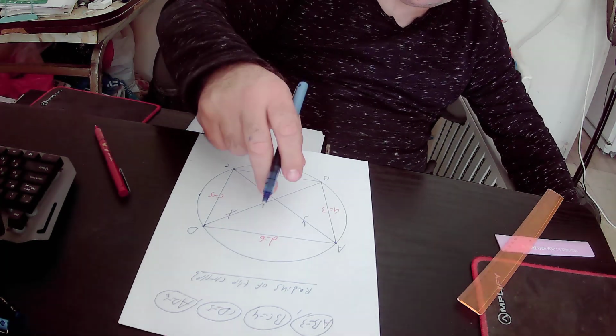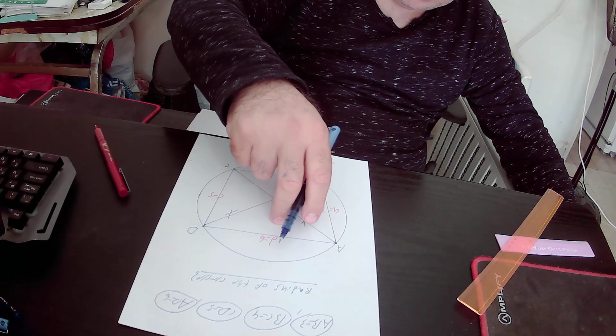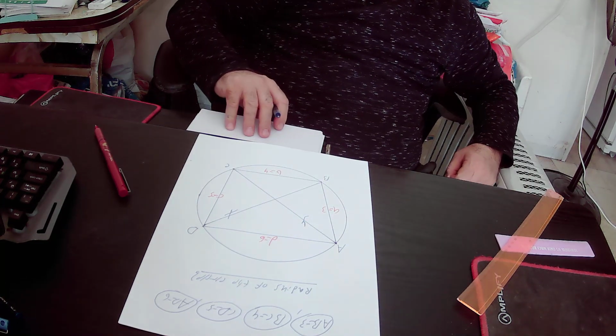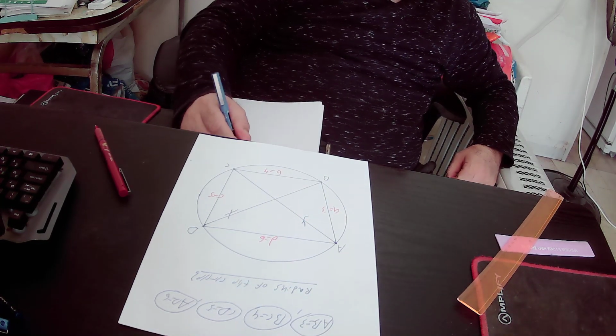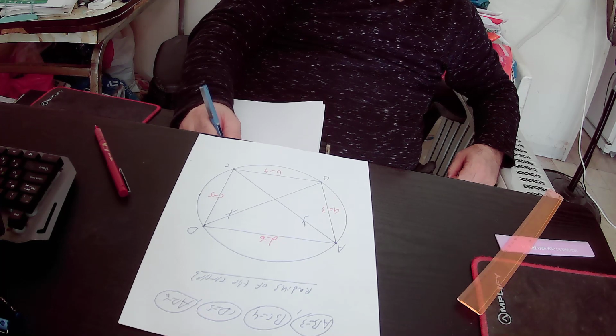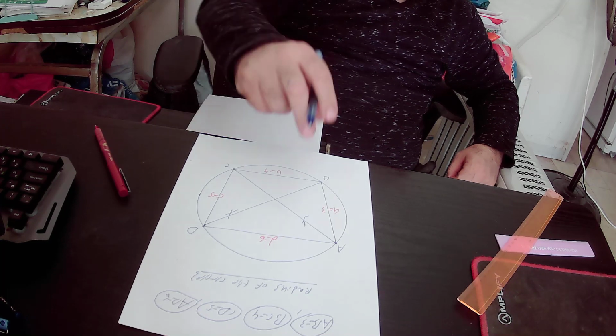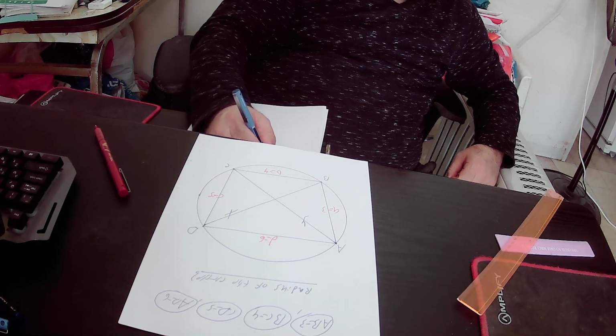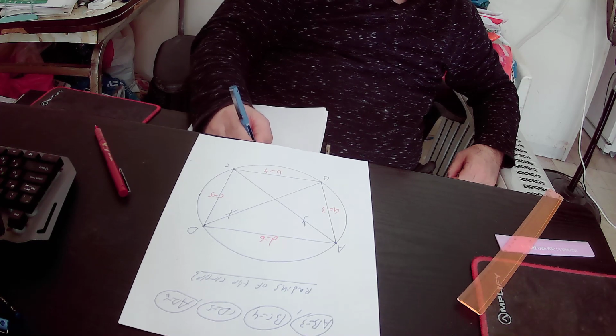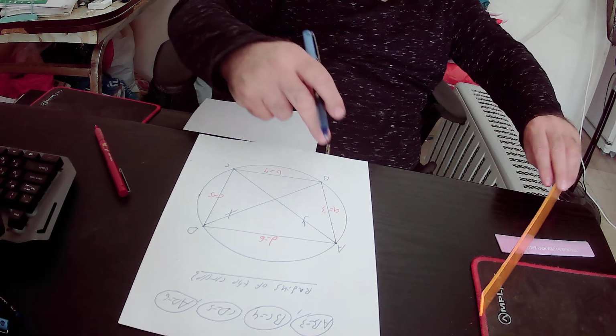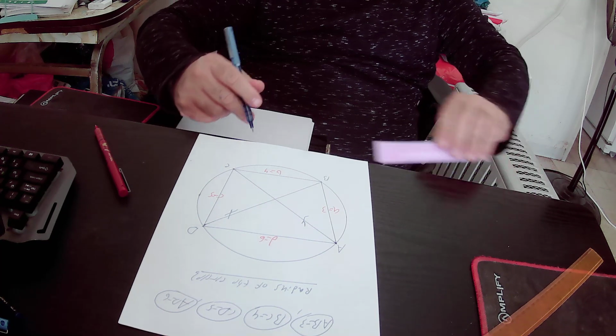In the next step we will focus on triangle ABD. This triangle ABD is inscribed in this circle.